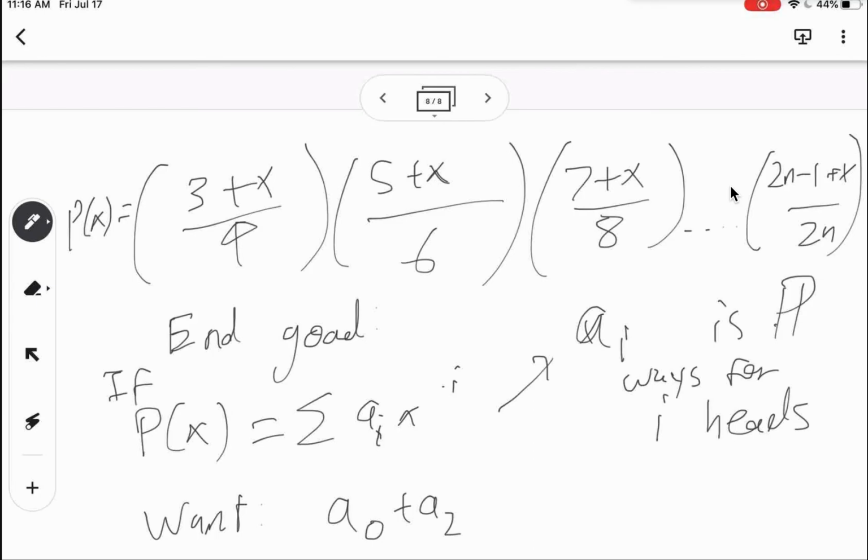So we want a0 plus a2 plus a4 plus a6 and so on, because we want an even number of heads.